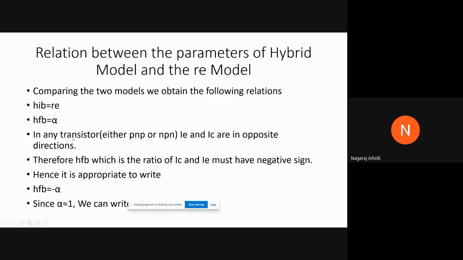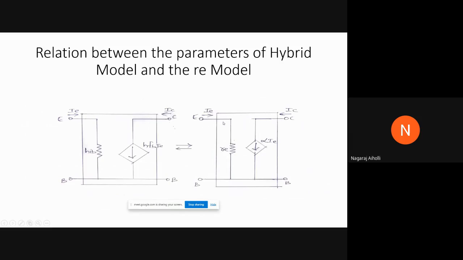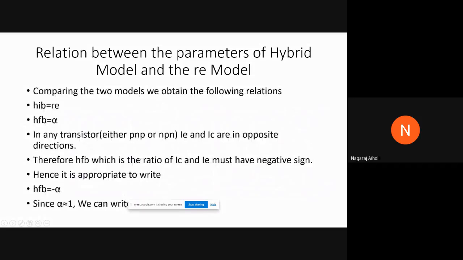This should be taken as negative, because the two currents, emitter and collector currents, are in opposite directions, right? By normal convention itself, the directions are opposite for the emitter and the collector current. Therefore, we have to consider the value of alpha as negative. Alpha is equal to minus IC by IE. That is how we are getting HFB is equal to minus alpha.